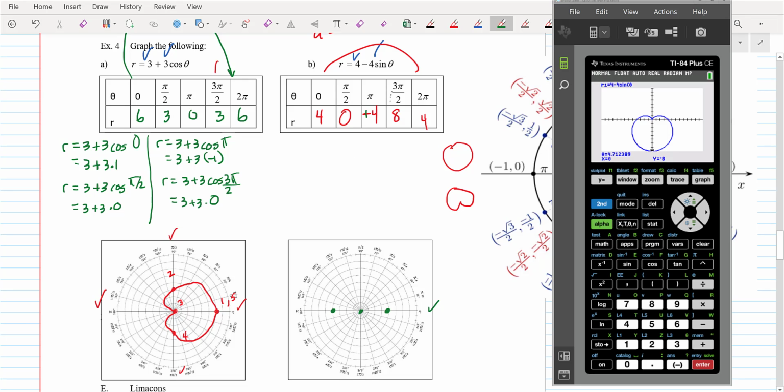Like that, and then the next point would be 3 pi over 2, 8, and like this. So basically it would go like this, and then you can just kind of connect the shape kind of like that. Okay, and that's the idea. So those are cardioids. That's how the graph of a cardioid looks. We're going to look at a few more of these next Wednesday.